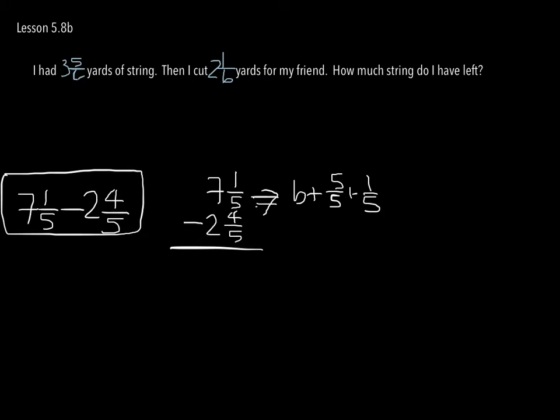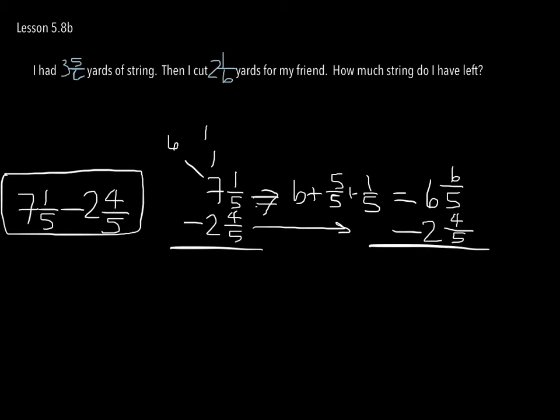Now essentially, boys and girls, what I've done with this is I've changed it to a 6 and a 1, and then I've taken that 1 and changed that 1 to 5/5. So now, boys and girls, what I have is a 6 and 6/5, and then I can bring that over, minus 2 and 4/5.